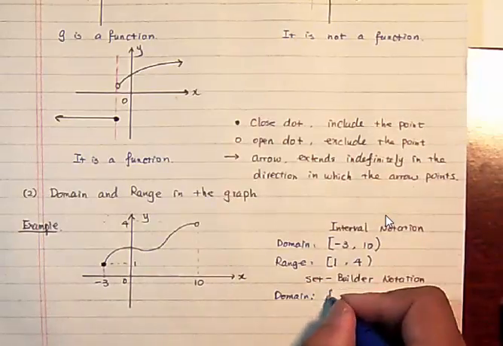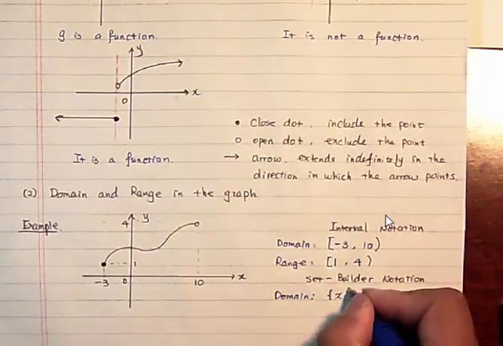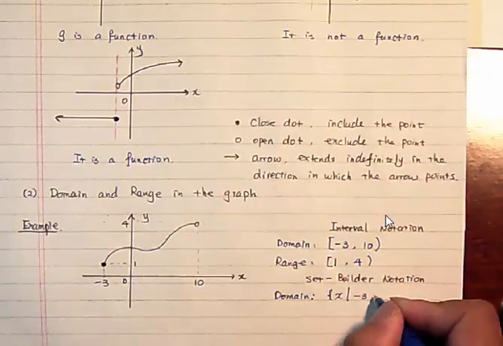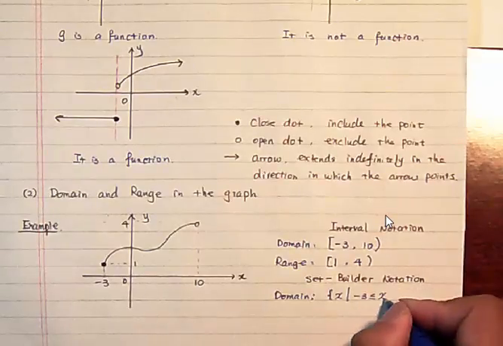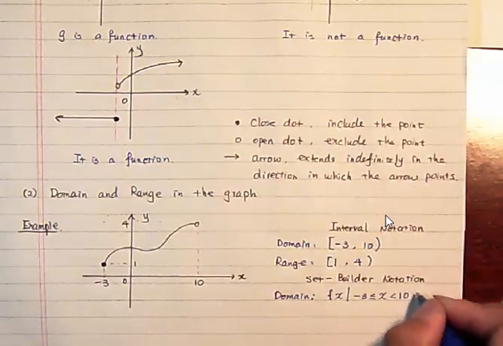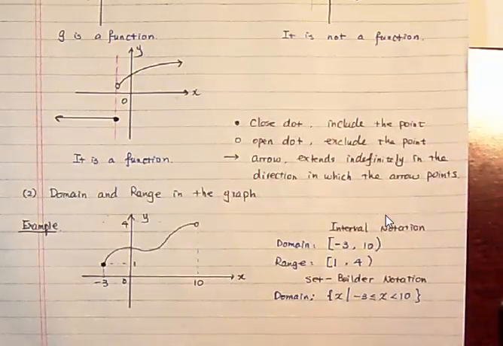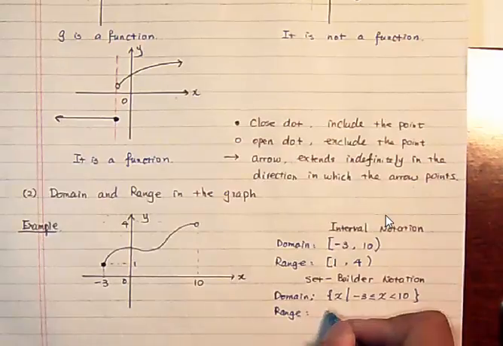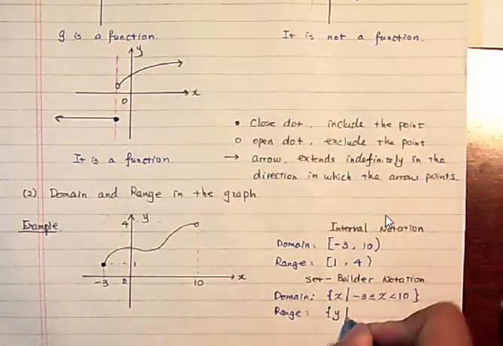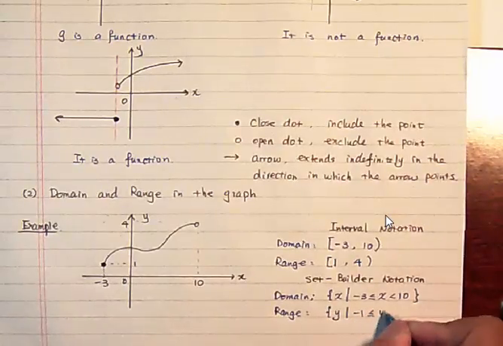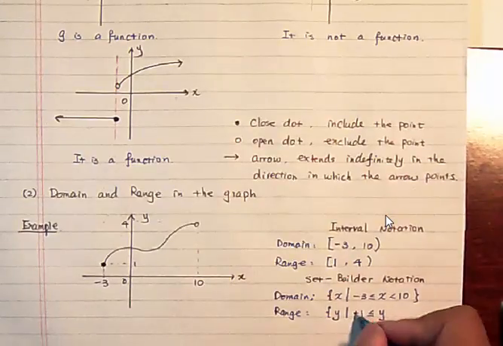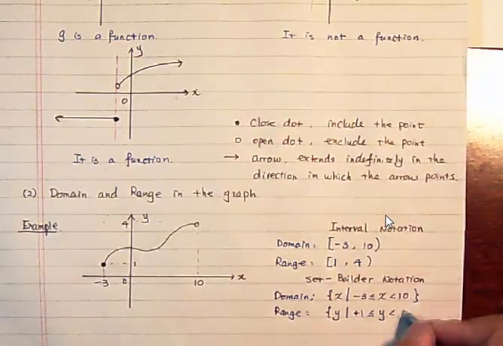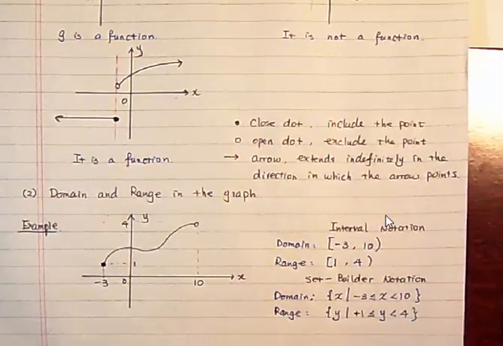So I can use set builder notation: X such that X is greater than or equal to -3 and less than 10. So that's called set builder notation. And then similarly, my range can be written as Y such that Y is greater than or equal to 1 and less than 4. So that is the domain and range.